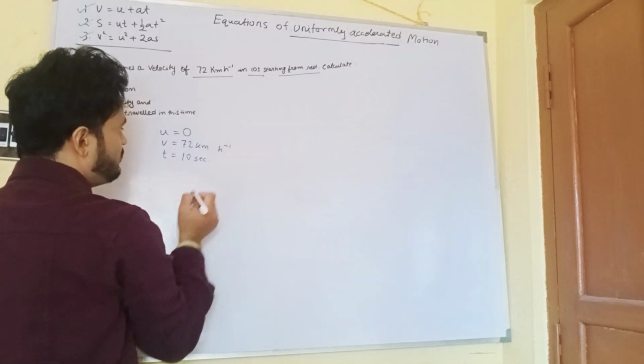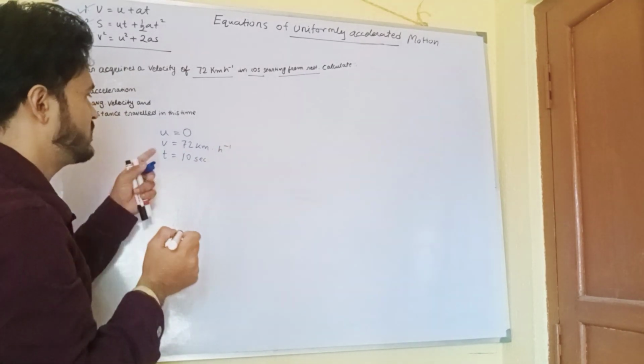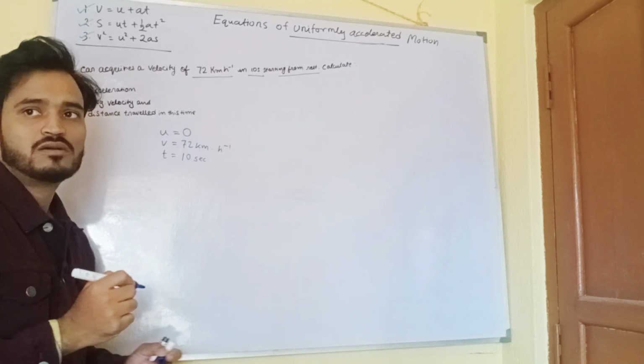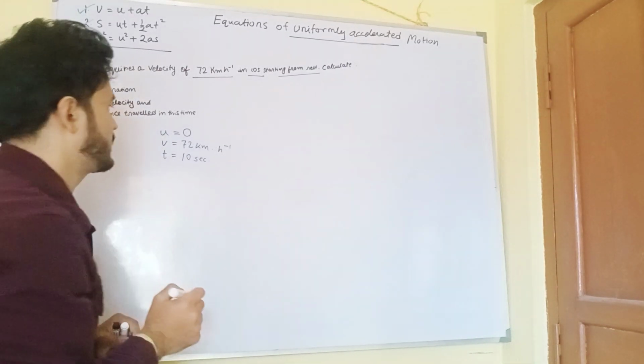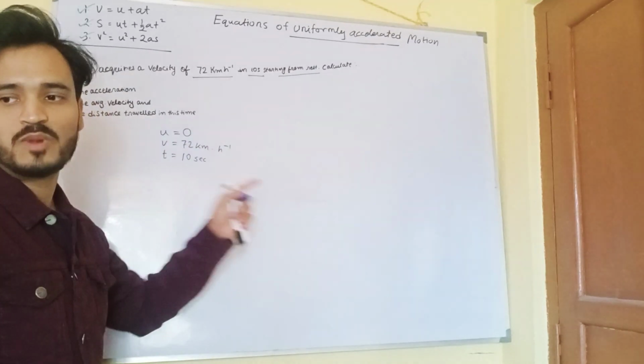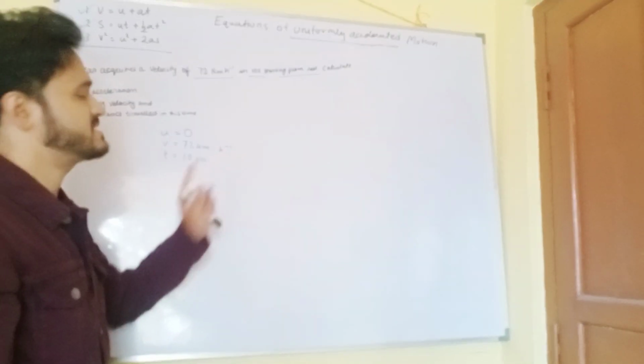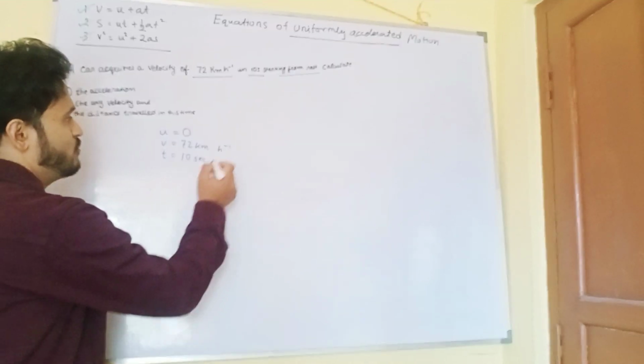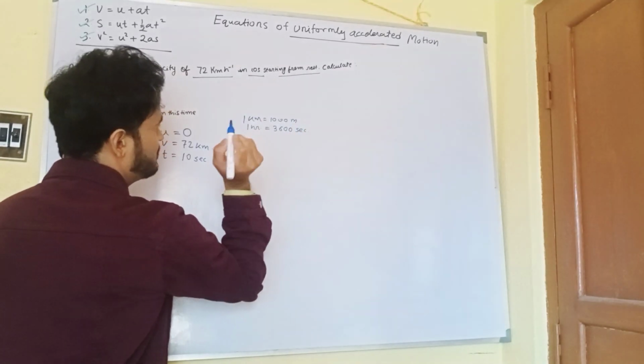What is the SI unit of velocity? Meter per second. But it is given in kilometer per hour, so we have to convert it to SI units. 1 kilometer equals 1000 meter. 1 hour, how many seconds? 3600 seconds, 60 into 60.